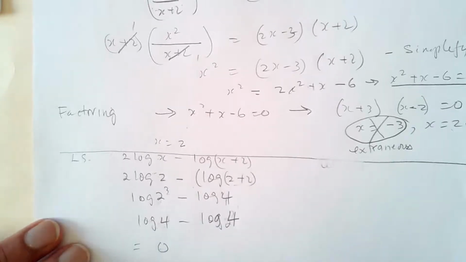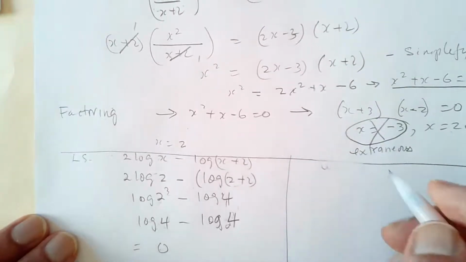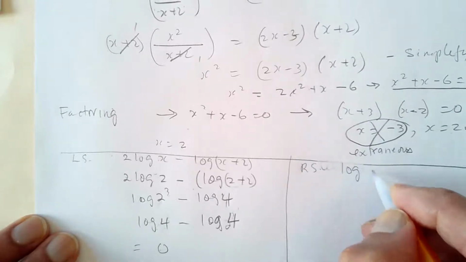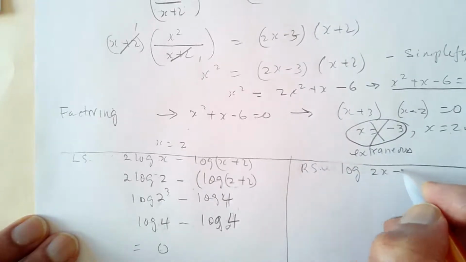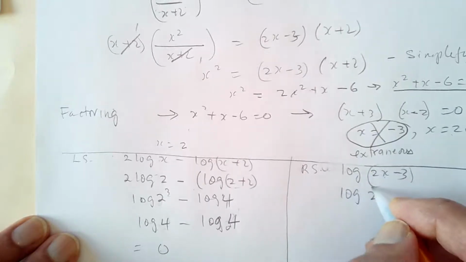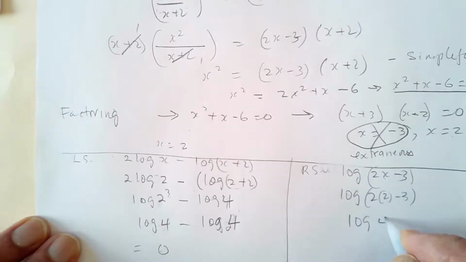Okay, so simpler. And the right side, we have log 2x minus 3. So we have log 2 times 2 minus 3, which is 4 minus 3.